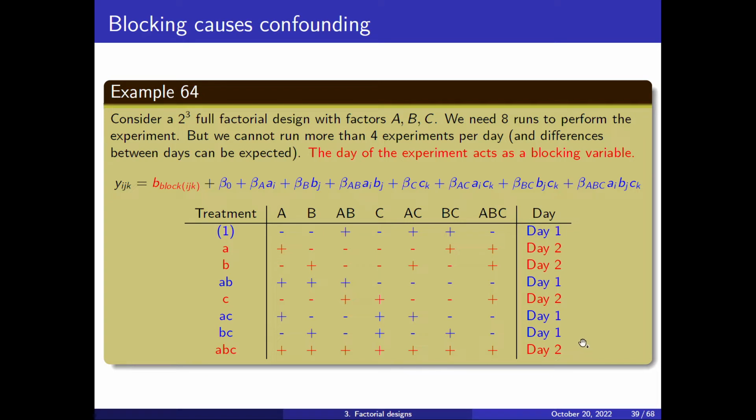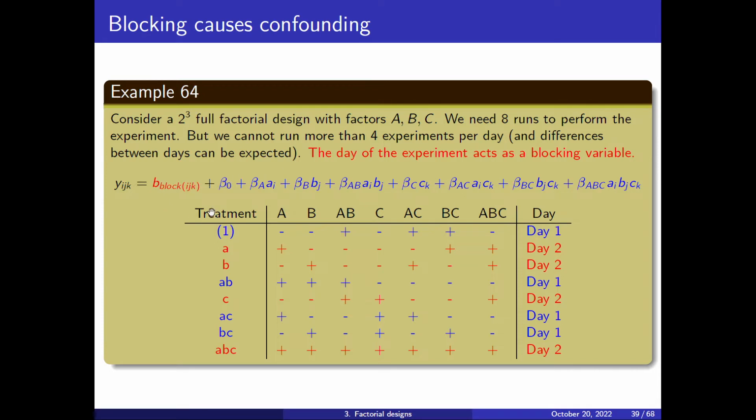Let us count the number of unknowns that we have. From the full factorial design we have the intercept and the main effects, the second order effects, and the third order effect. So we have 1, 2, 3, 4, 5, 6, 7, and 8 unknowns.